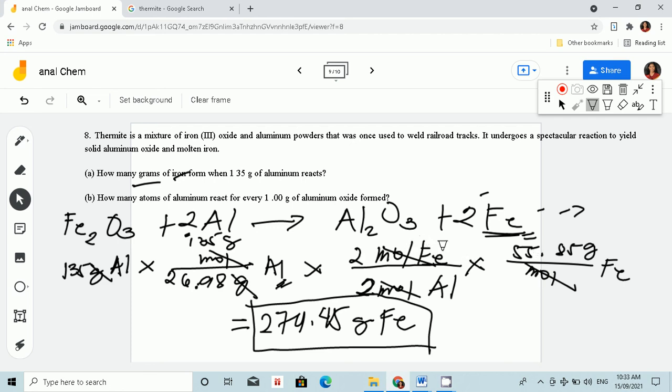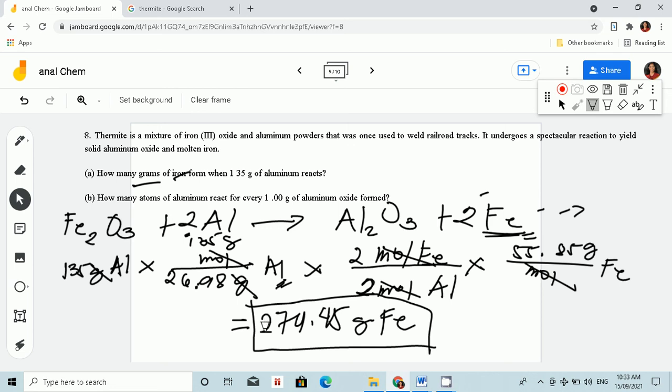So let's go to letter B. How many atoms of aluminum react for every 1 gram of aluminum oxide formed? We are asked for atoms. Remember, when we are asked for atoms, we use Avogadro's number.